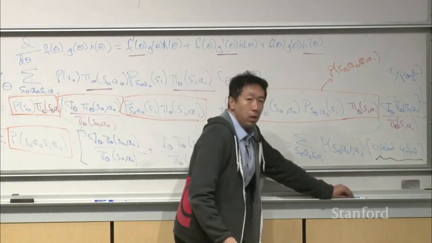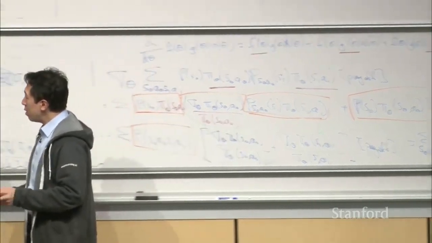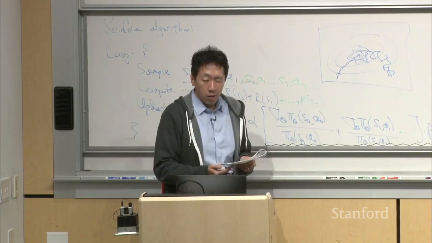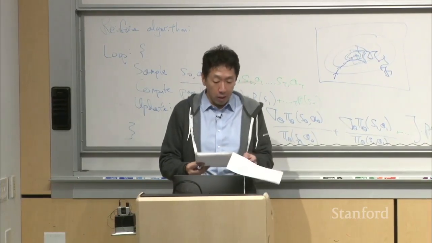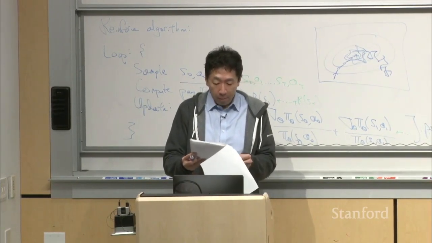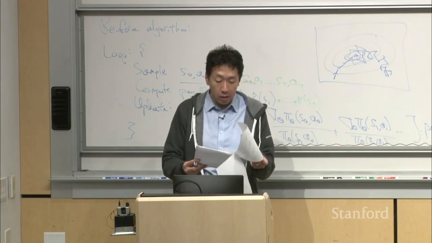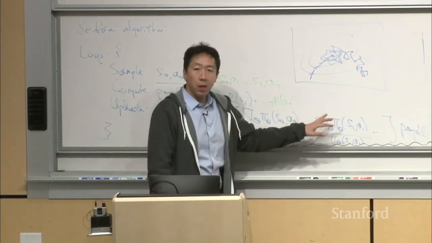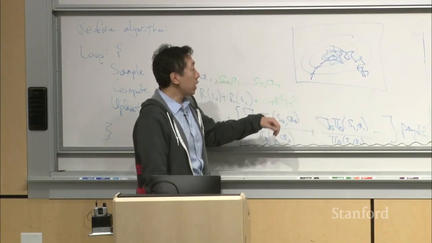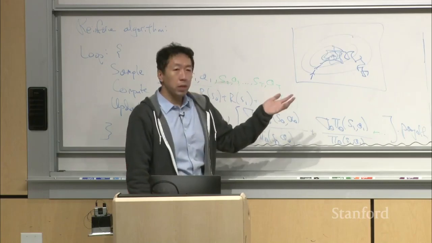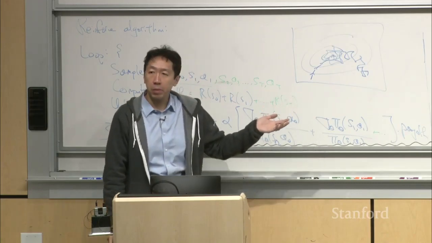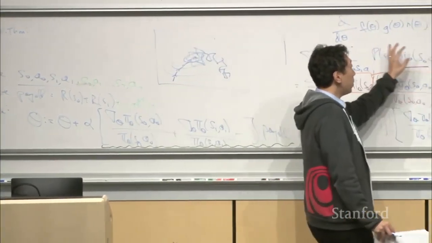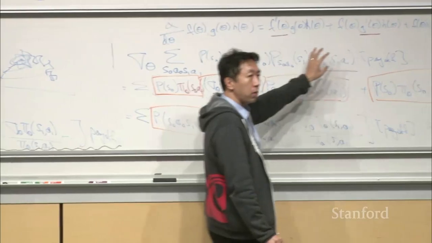So what this shows is that even though on each iteration the direction of the gradient updates is random, the expected value of how you update the parameters is exactly equal to the derivative of your objective, of your expected total payoff. So we started saying that this formula is your expected total payoff.